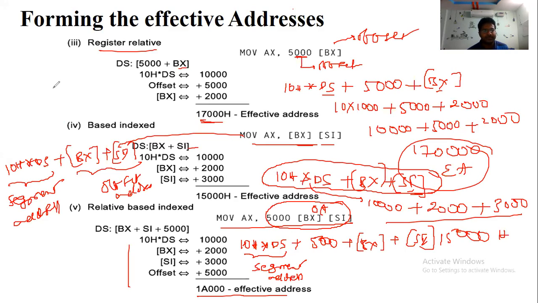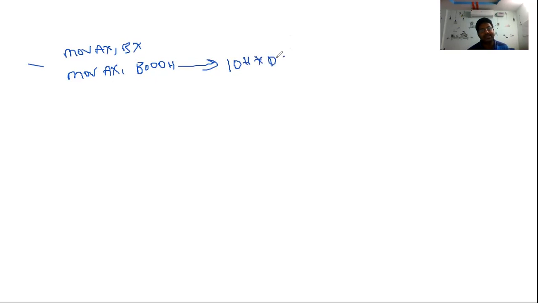See this. Suppose the instruction you write is MOV AX, some 8000H. How to convert this one? 10H into the DS.